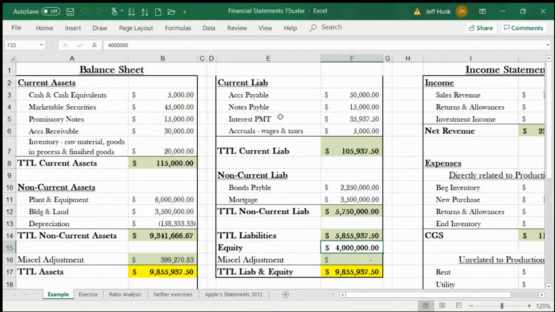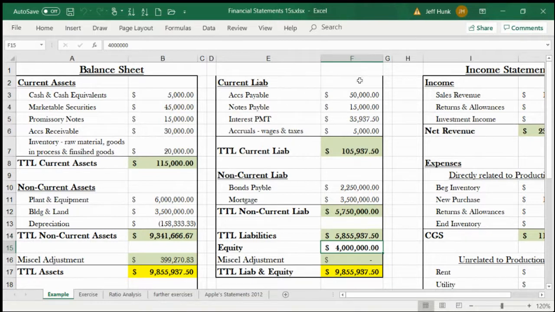Current liabilities are basically short-term debt. These are long-term debts, short-term debts, and short-term debts are generally credits, right? They mature within 1 year.